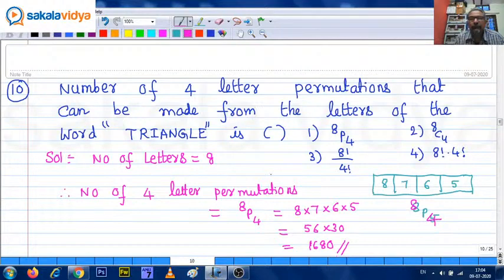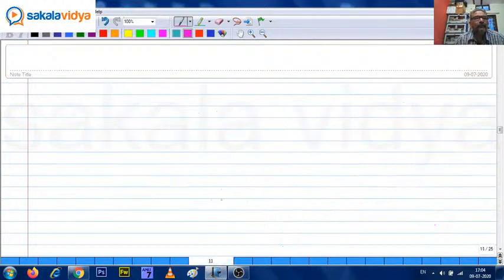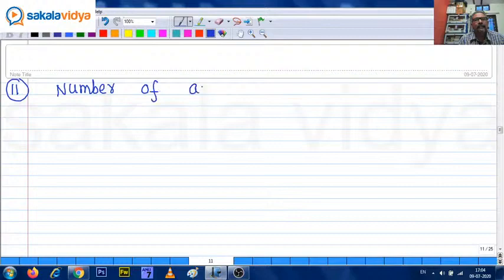Now 11th question. Number of arrangements.